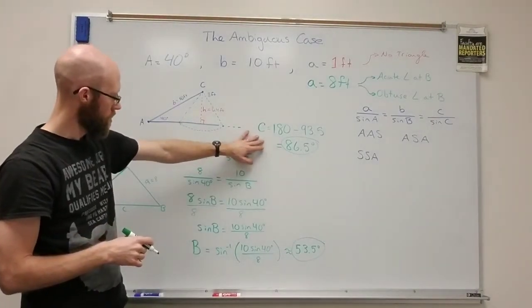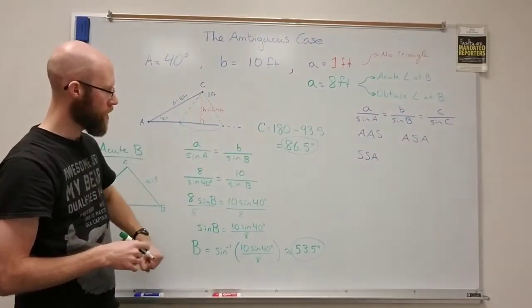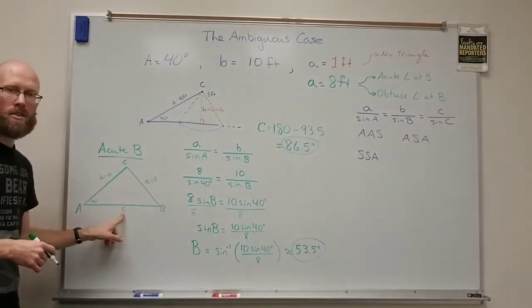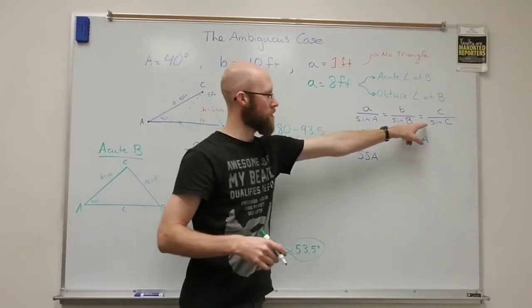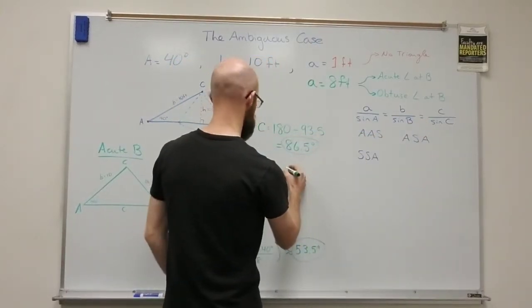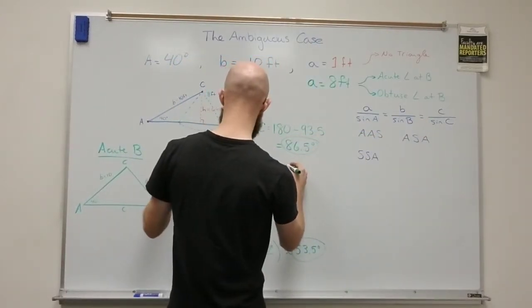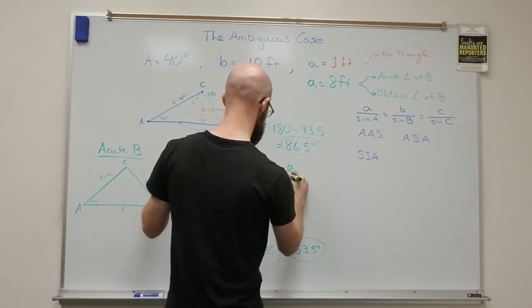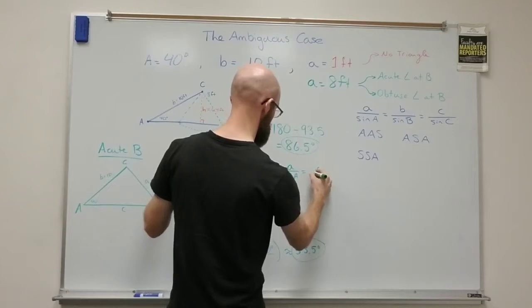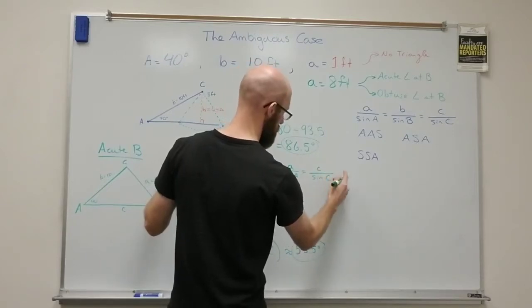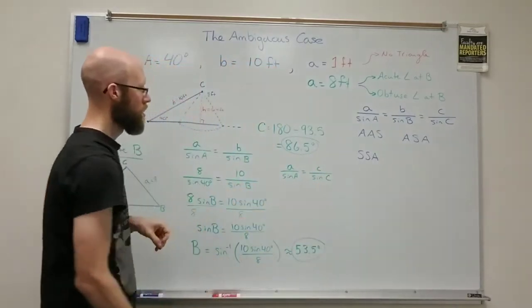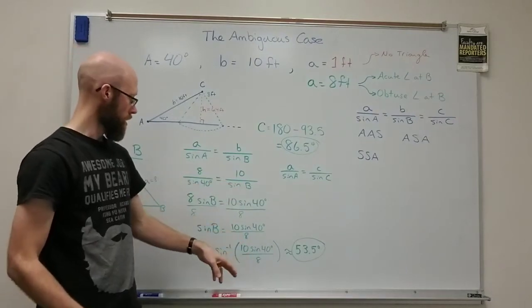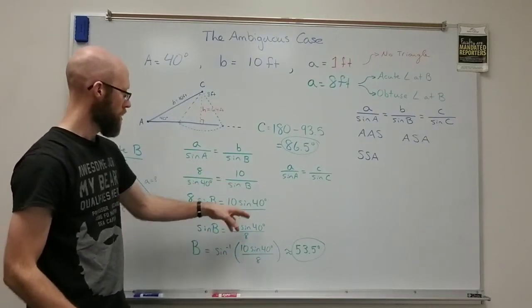And now, using this information, I can find side C again using the law of sines. Okay, so let's go with the A's and the C's this time. So I would take A over sine A equals C over sine C. And then I'm going to plug stuff in.